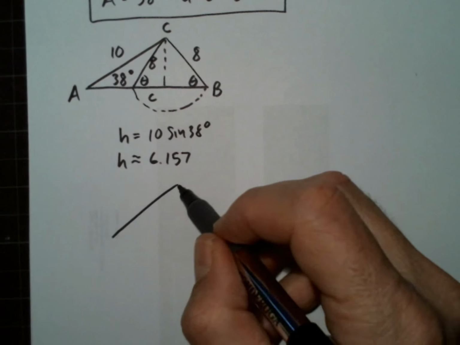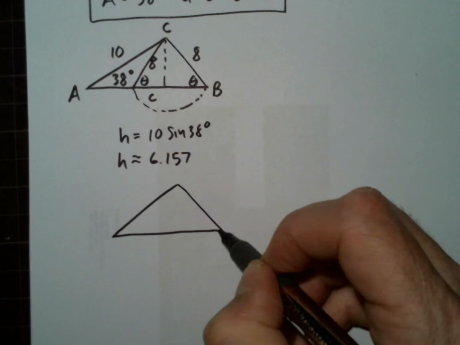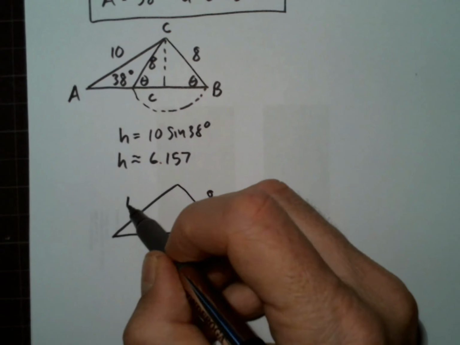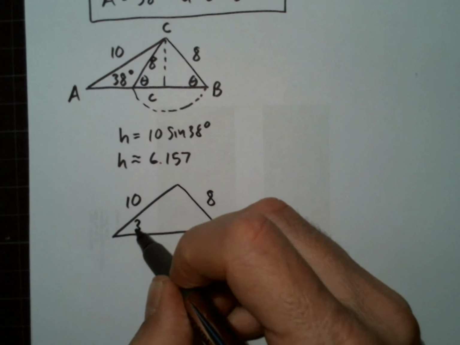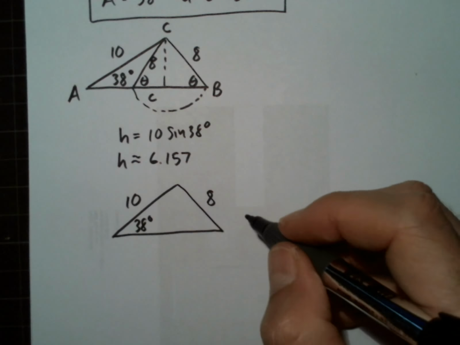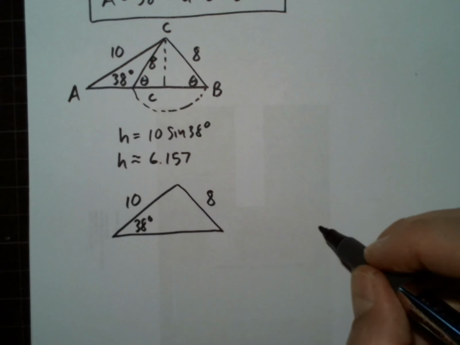We have the triangle that looks like this, and we have the triangle that looks like this.